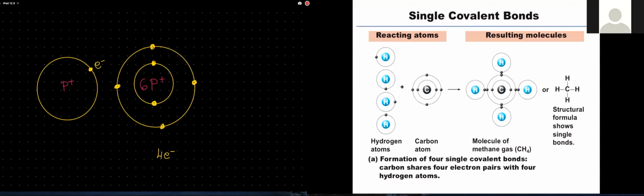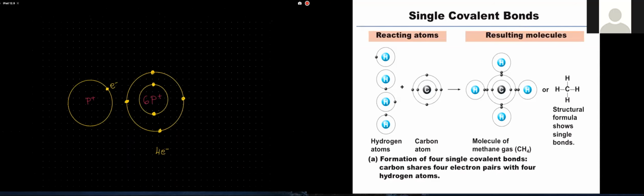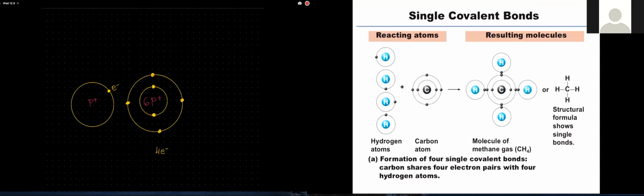So this carbon will make a deal with the hydrogen. You need 1 electron. I will give you one of mine, but you also give me yours to rotate around my nucleus for us both to become chemically stable.